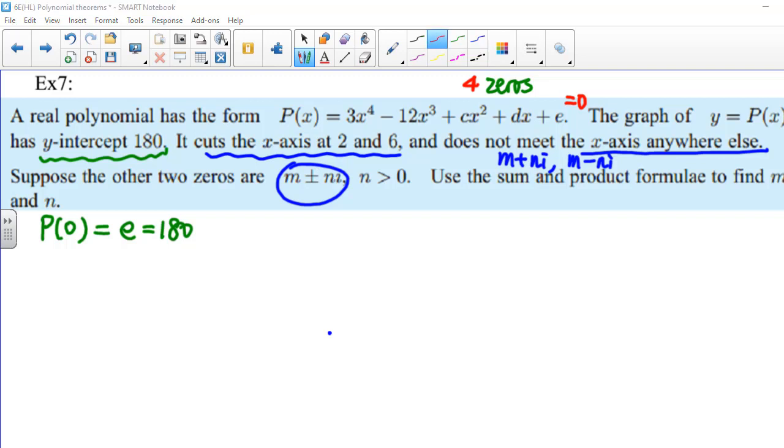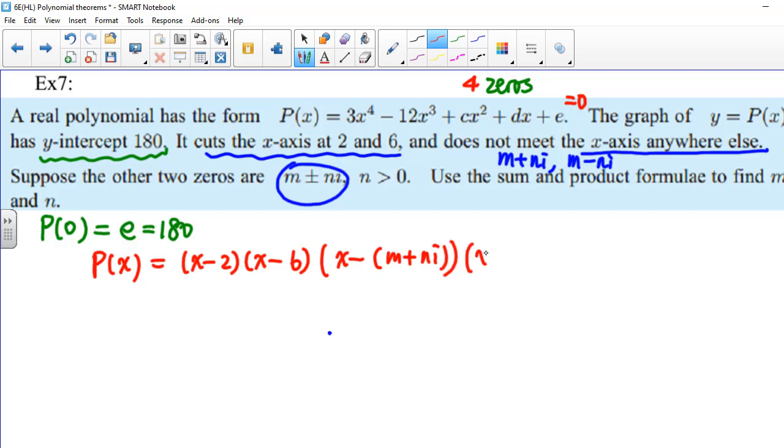Since this polynomial function is a quartic one, if we rewrite this polynomial function in the factored form, this polynomial function must have 4 linear factors. We can rewrite this p of x as x minus 2 times x minus 6 times x minus m plus ni times x minus m minus ni.